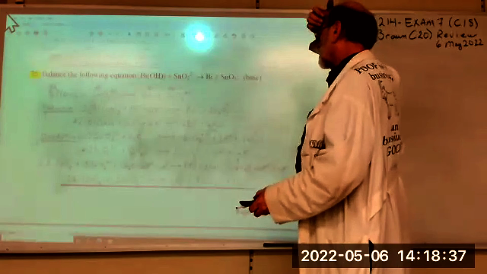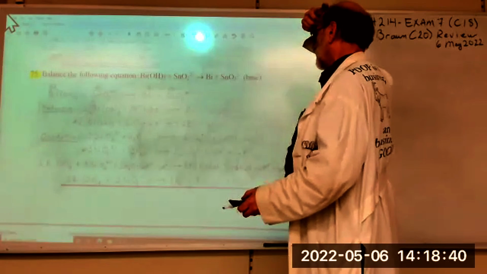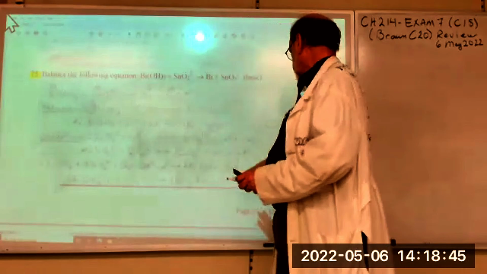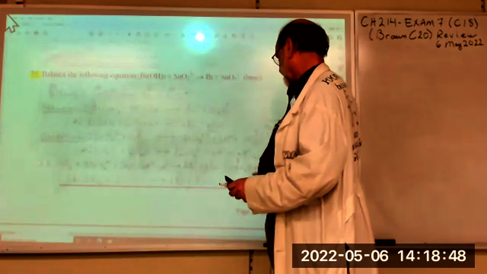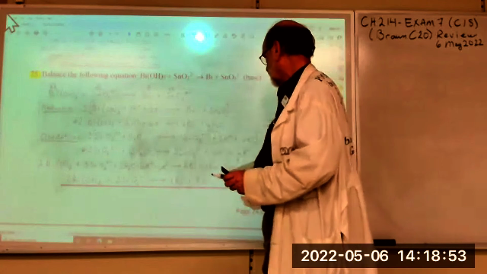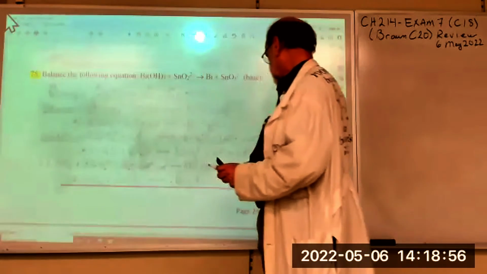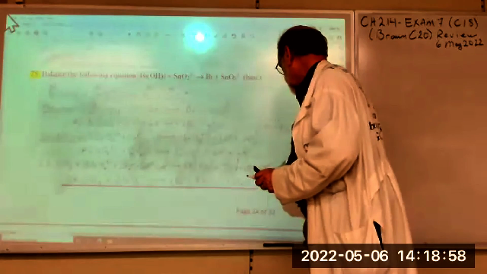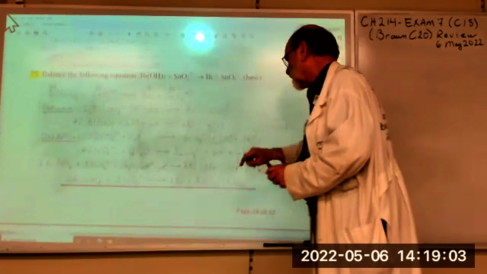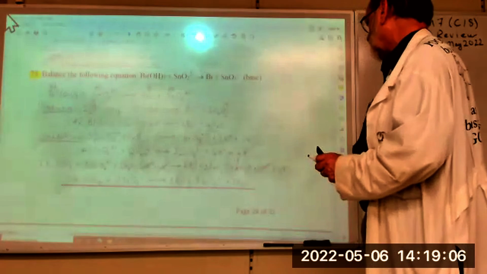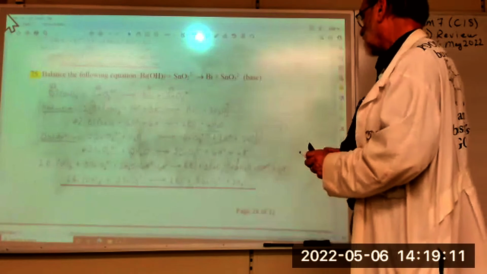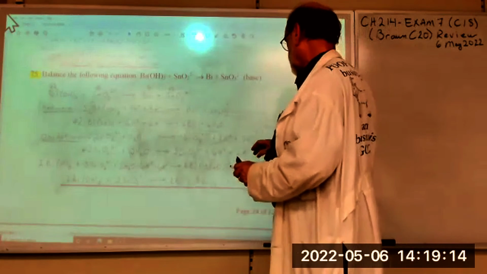Okay. So for this one, I use the fake acid method, as I call it, and balance it with hydrogens first. Then we take the hydrogens and add hydroxyls. Wait a minute. You know what? This one is a special case.